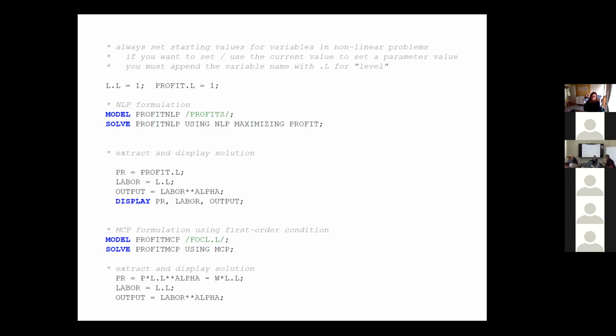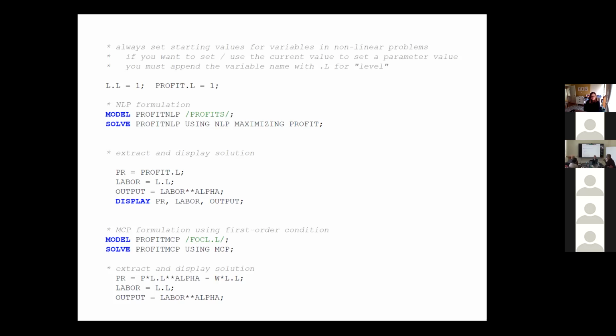So find the value of the variables which maximizes profit. At that point, we've solved the model and we want to get back the solution. We want to know what the numbers were. That's where the .L comes in. It tells you for that abstract model, what's the value of L which maximizes things.